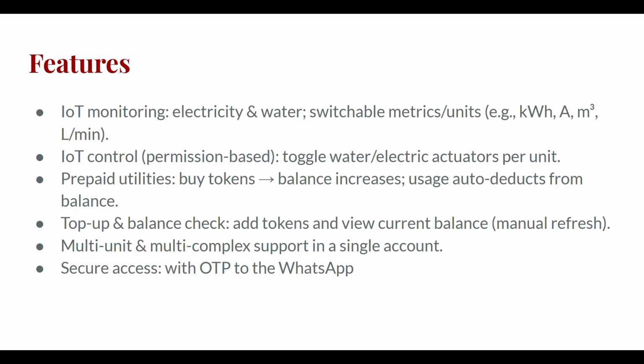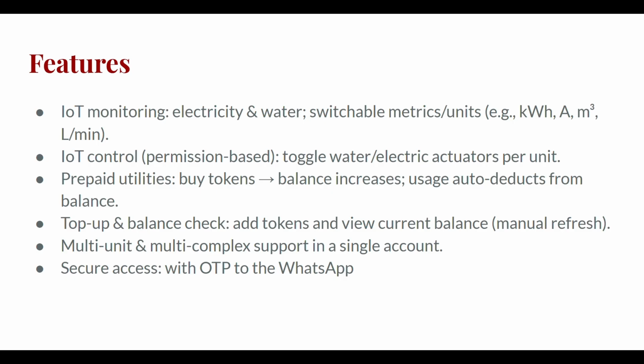The first feature is IoT monitoring, the same as before, electricity and water with switchable metrics, and IoT control with actuators, water and electricity per unit. There are prepaid utilities with buying tokens and balance increase. Usage auto deducts from the balance.